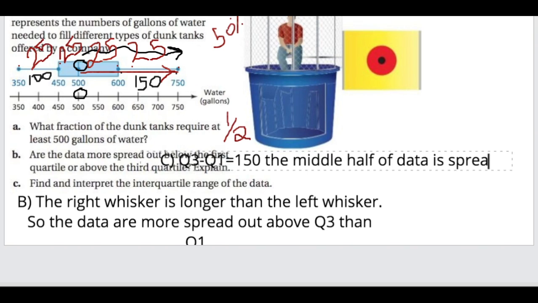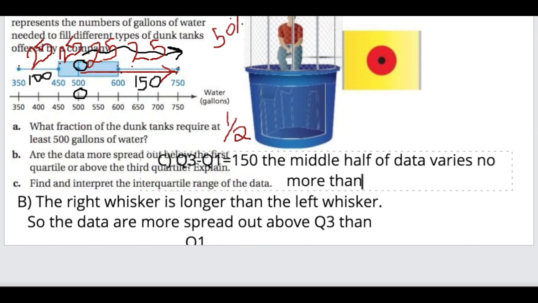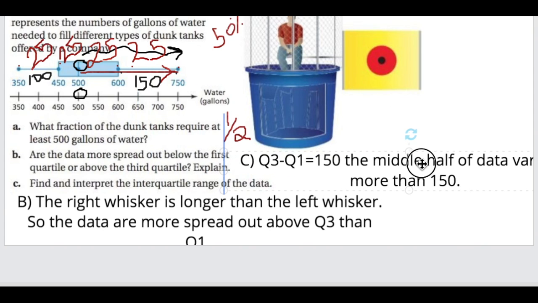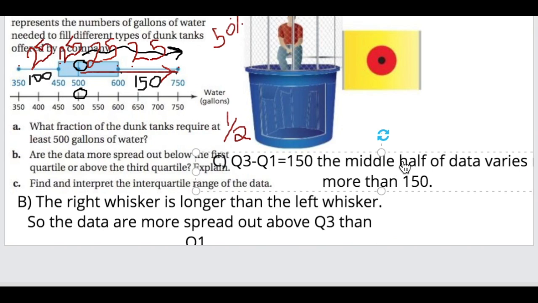No, you would say the middle half of data varies no more than 150. So I know the middle half of my data can differ by no more than 150 gallons. That's pretty close when, in the scheme of things, you have 750 and 350, but you would say something like my IQR is 150. Again, the middle half of data varies no more than 150.